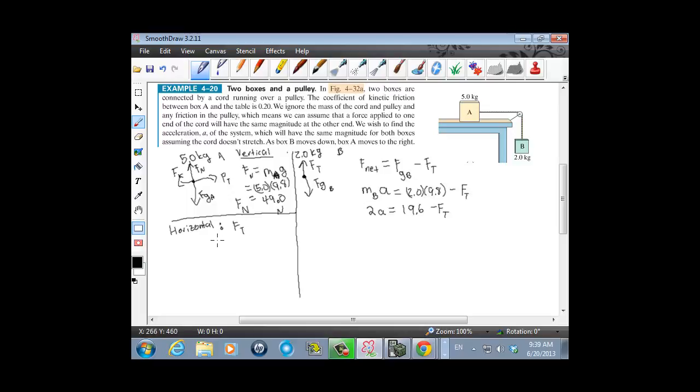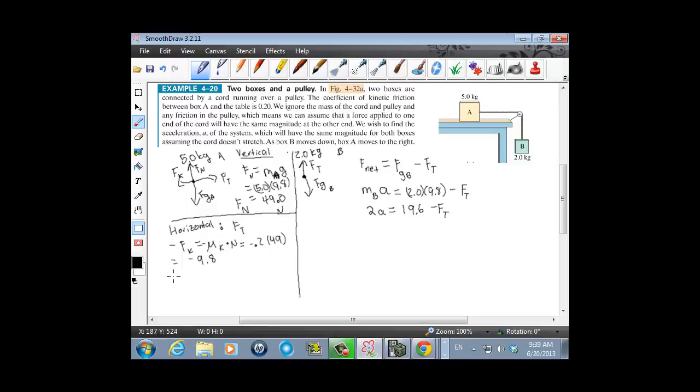To the left, we have minus Fk, which equals minus mu k times the normal force, which equals negative 0.2 times 49, which equals negative 9.8.